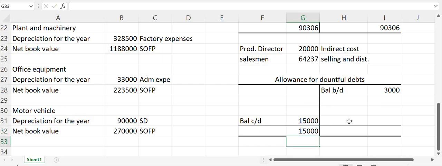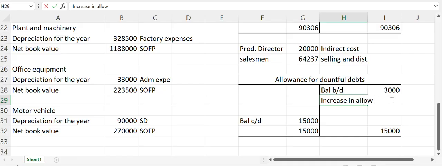If there was an increase from the value at the beginning to the value at the end, then we call that an increase. So you can see there was an increase in allowance for doubtful debt.